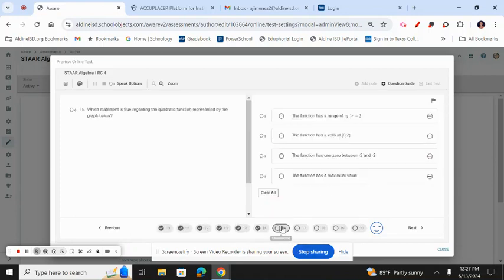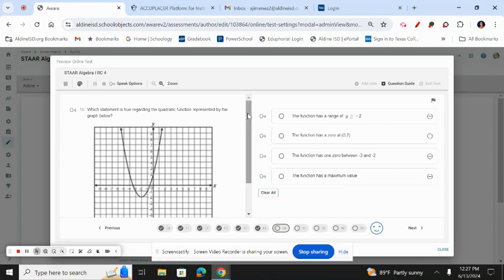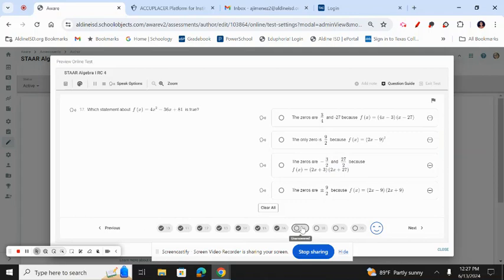We go to the next question. What can we say regarding this? This would be domain is all real numbers, which it doesn't have on here. The zero would be between -4 and -3, so this one's out. Oh, I just said it has zeros between -3 and -2. Alright, so there we go.